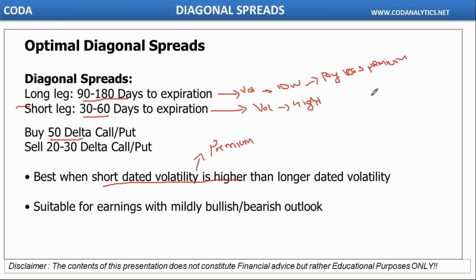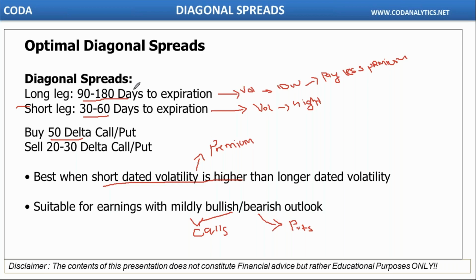Then we are looking for earnings with a mildly bullish or bearish outlook. If it is mildly bullish, we'll be considering calls. And if it is mildly bearish, we'll be considering puts. So you don't want something that is aggressively going downwards or aggressively moving upwards.